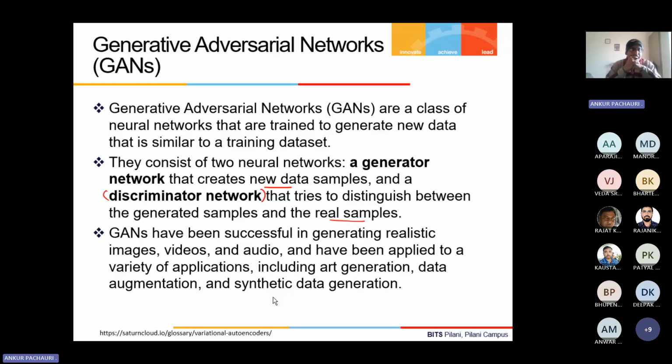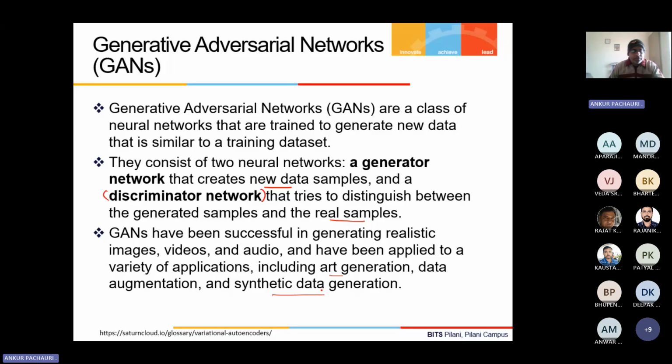Whereas the activity of the discriminator is to identify, even with a small loophole or a small drawback or mistake, whether that was generated by the generator or it is real data. GANs have been successful in generating realistic images, videos, and audio, and have been applied to a variety of applications, including art generation, data augmentation, and synthetic data generation.